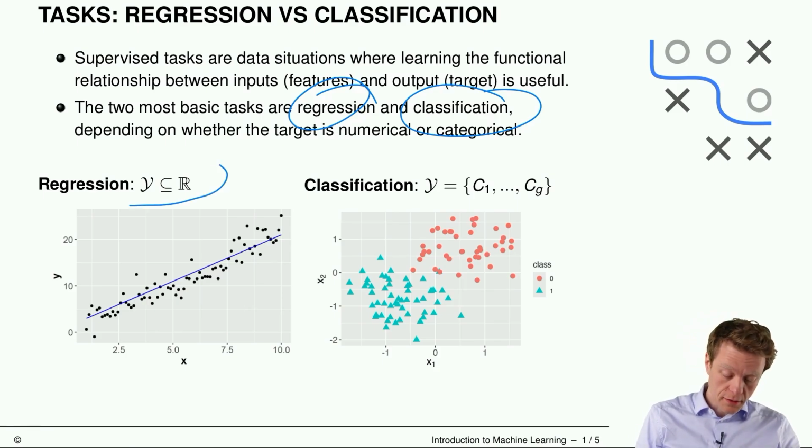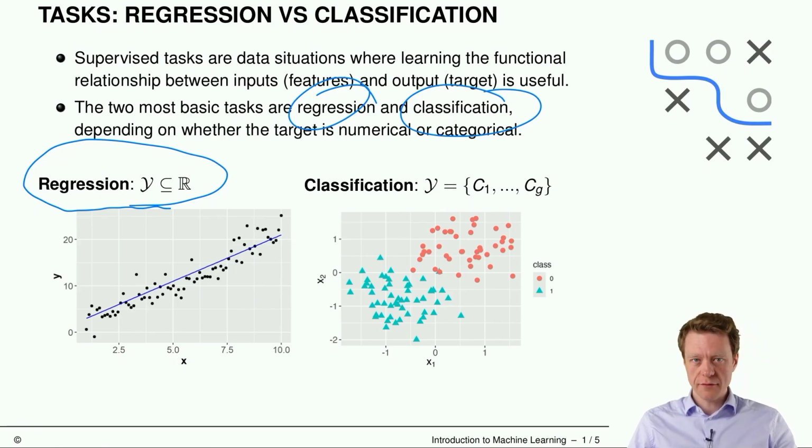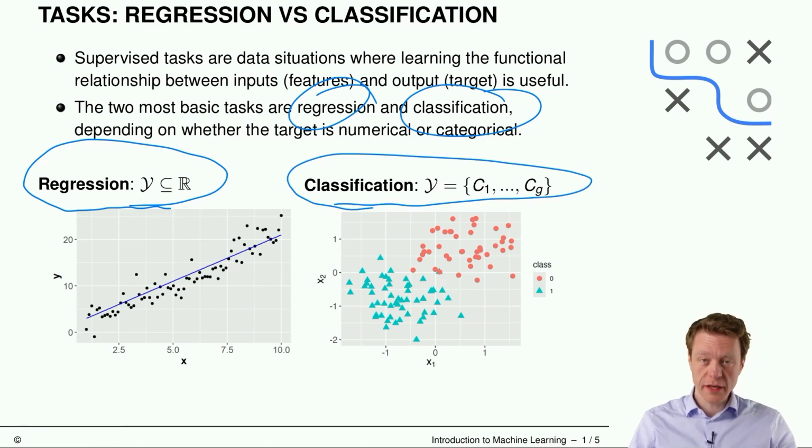So if the target space is a subspace from R, or we have a numerical target, then we are speaking of regression. And if the target space is some categorical space with a finite number of categories, then we are speaking of classification.